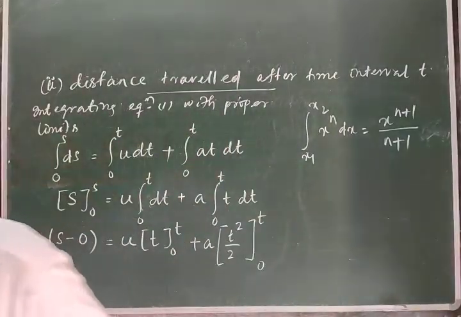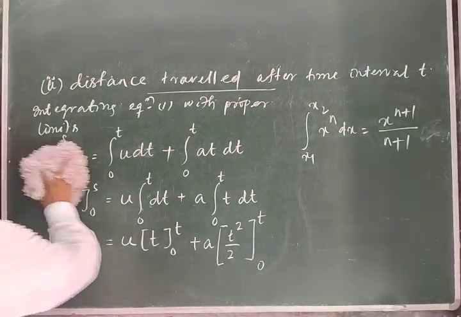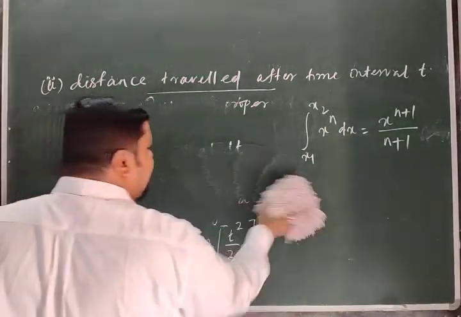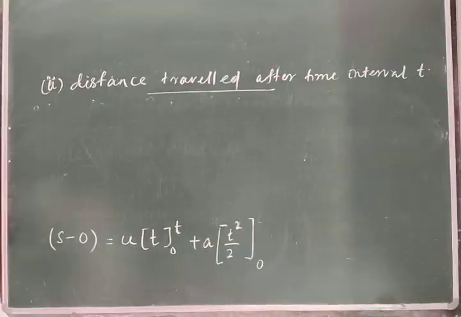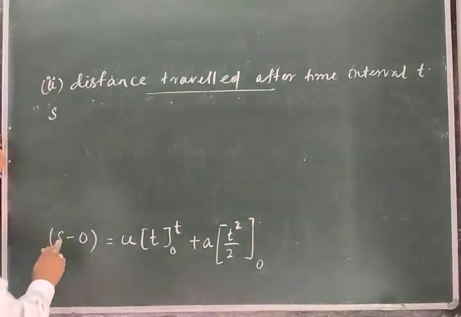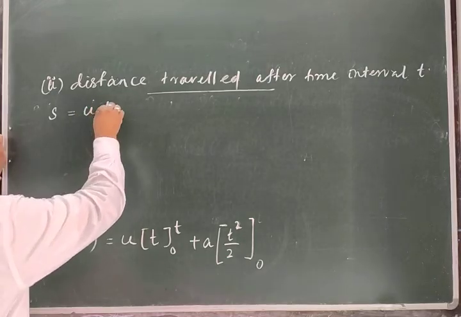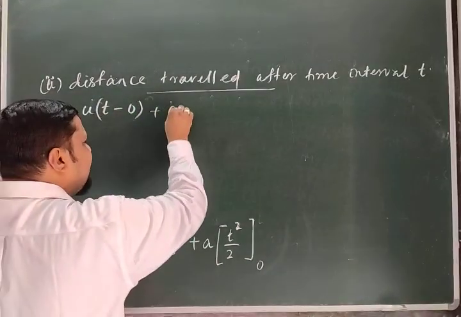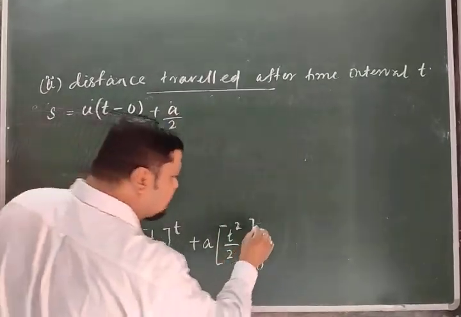Now solve this one. Integrating this part, put the upper limit: s minus 0, s is equal to u times upper limit minus lower limit, t minus 0, plus a by 2 constant, with t square from 0 to t.